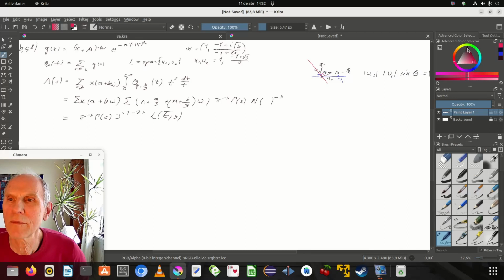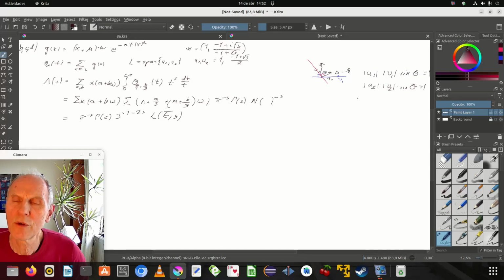So equivalently we get u2 times v2 times sine theta is unity. So we have the length of vi.